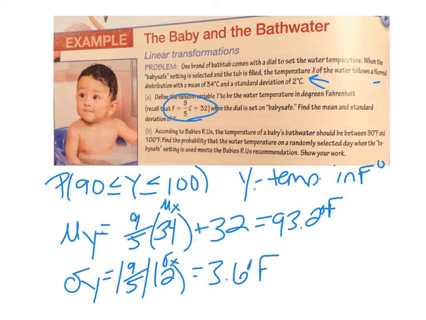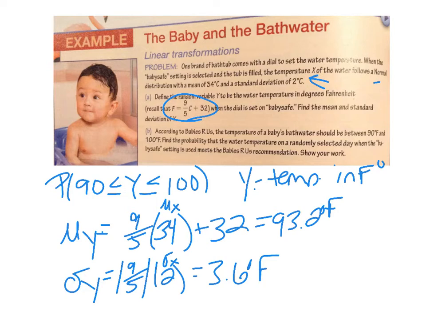So when I'm defining my parameters and stating my areas of interest, this is the kind of thing I'm going to write: y is normally distributed with a mean of 93.2 and a standard deviation of 3.6.